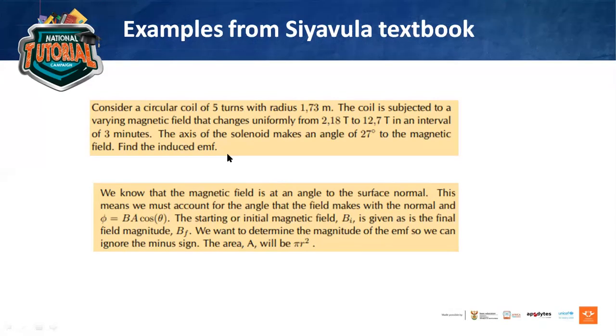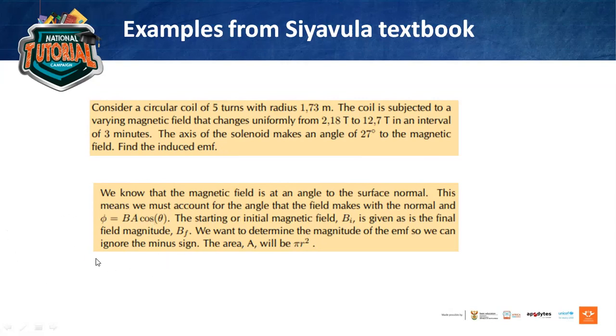Okay, so how are we going to work this out? Number one, we know that the magnetic field is at an angle to the surface. A magnetic field is always at a certain angle, and remember, we always spoke about perpendicular to the flow of current. This means that we must account for the angle that the field makes with the normal.